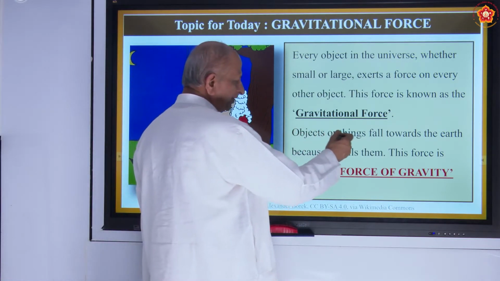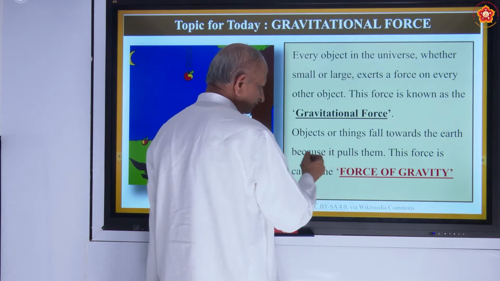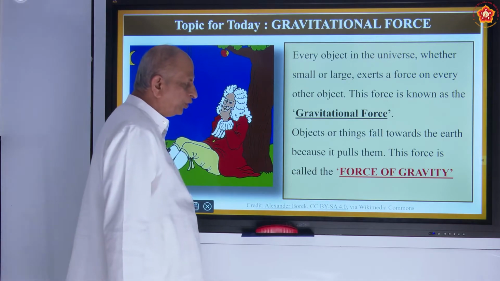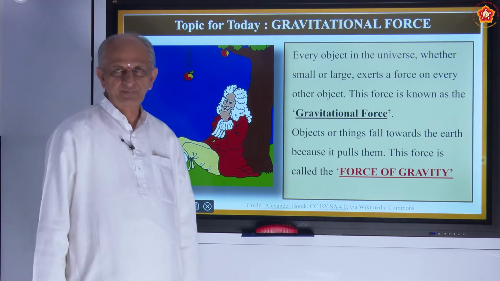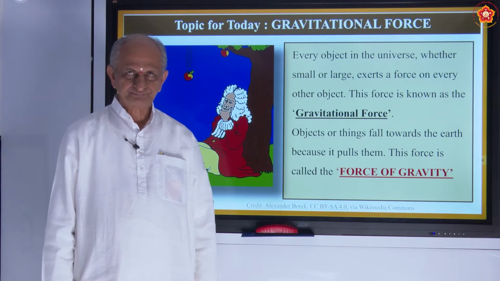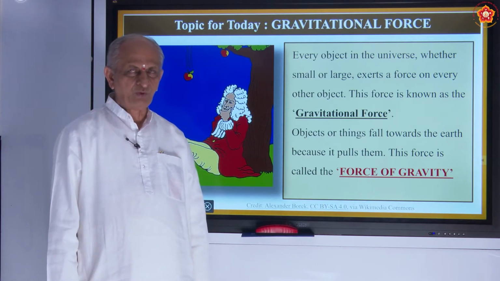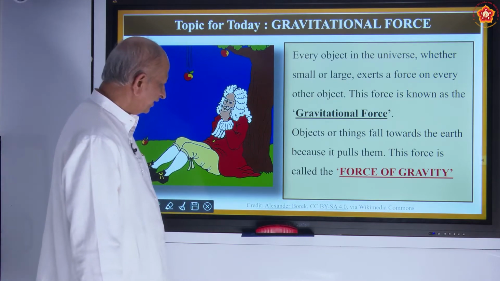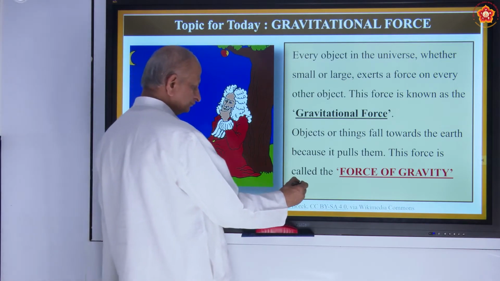Similarly, objects or things fall towards the earth because it pulls them. This is called force of gravity. Whatever body is there, the earth will pull down. That is called force of gravity, and we call it small g.